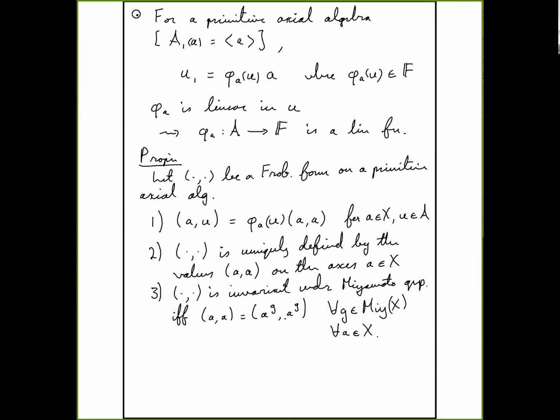So it's not true that you get completely free rein over picking the values on every axis, because the value on some axes may determine the value on other axes. In particular, if your form is invariant under the Miyamoto group, if I pick one value here, then I get the value on all of its orbits must be fixed.